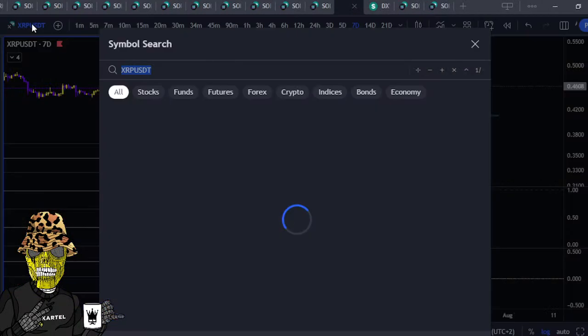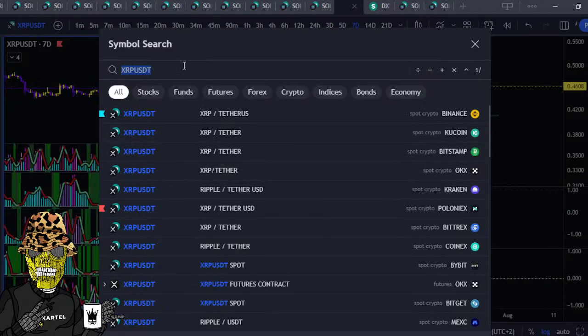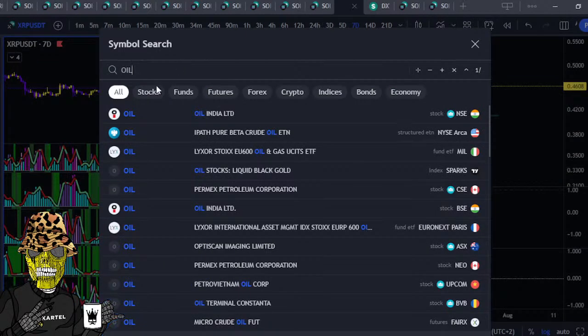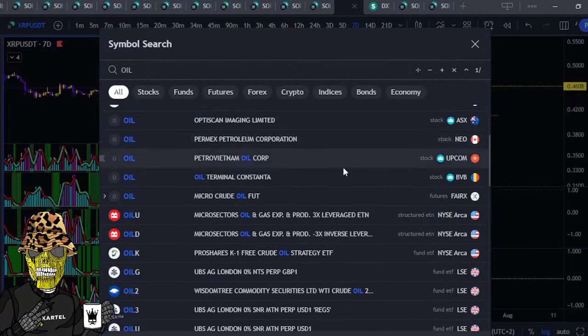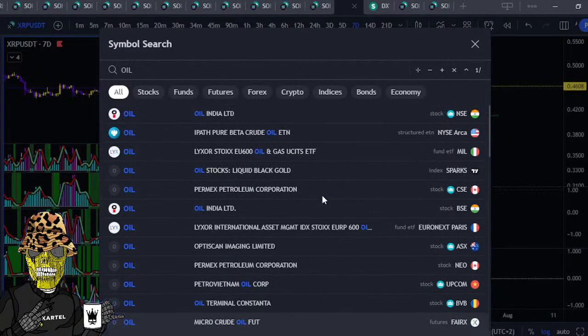Is there a better ticker for oil? I see oil's getting... Brent crude, NYC. Is this the one, man? What's the ticker? What are we using? Crude oil futures. That's on Forex. I need NYC shit. Okay, let me do a quick Google.